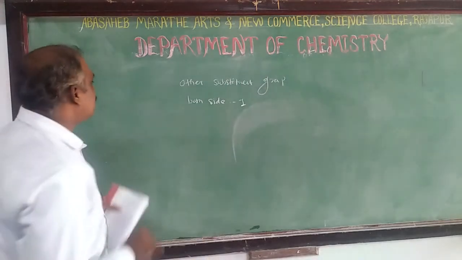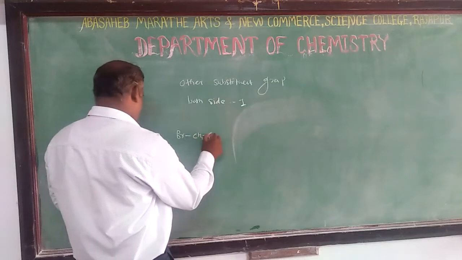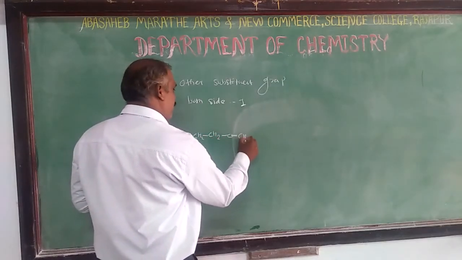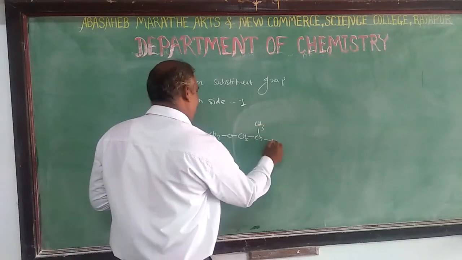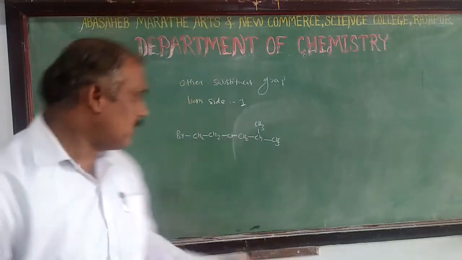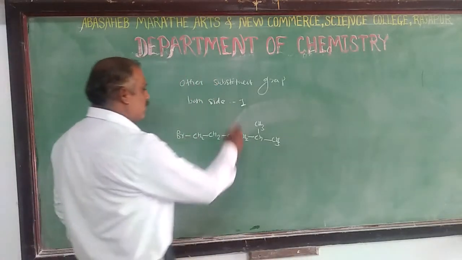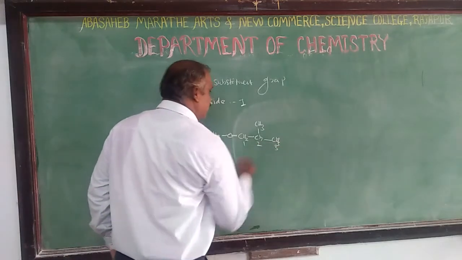For example, we have this structure here. So this is the example for which we give the IUPAC name, and the numbering is given as 1, 2 and 3.